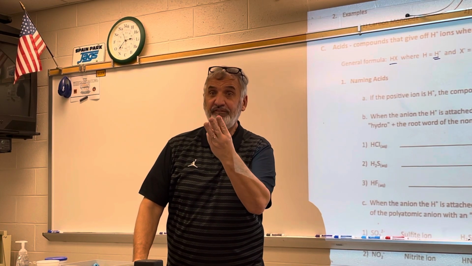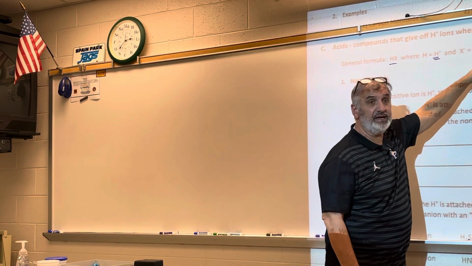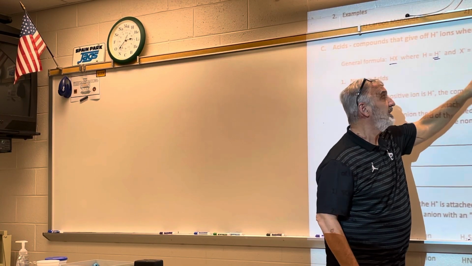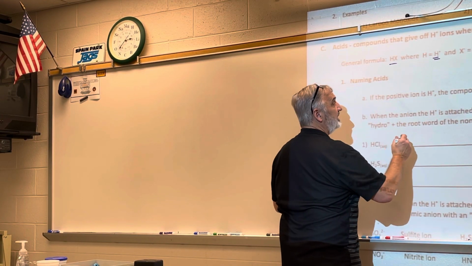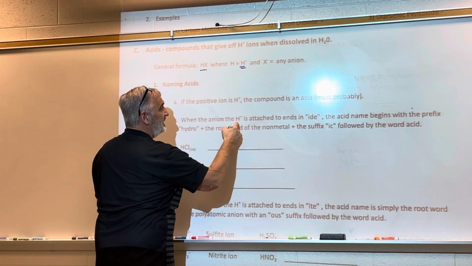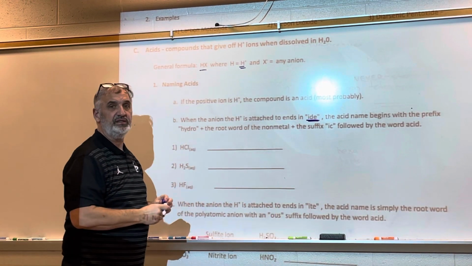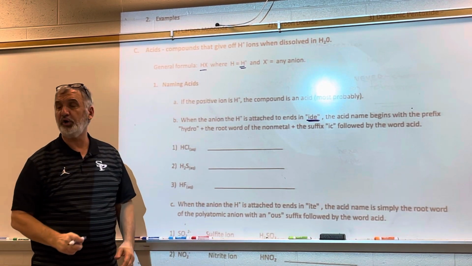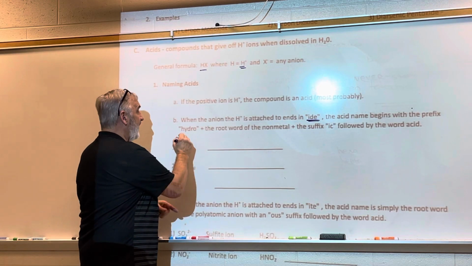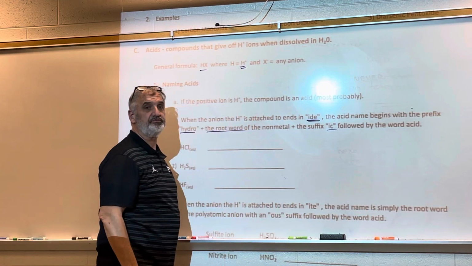The suffix of our anion, since it's hydrogen plus any anion, is going to determine the name. If the positive ion is hydrogen, that's just telling me it's an acid. If the hydrogen is attached to something that ends in ide, fluoride, chloride, bromide, sulfide, we're going to use hydro, the root word, and then the ic suffix.